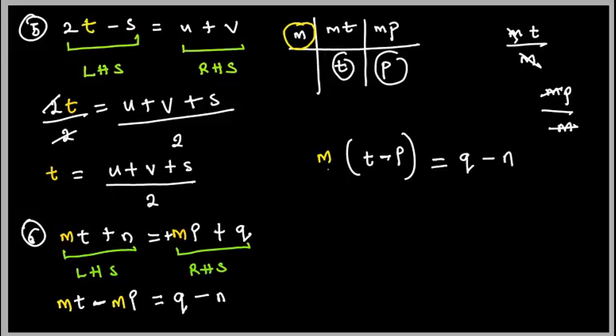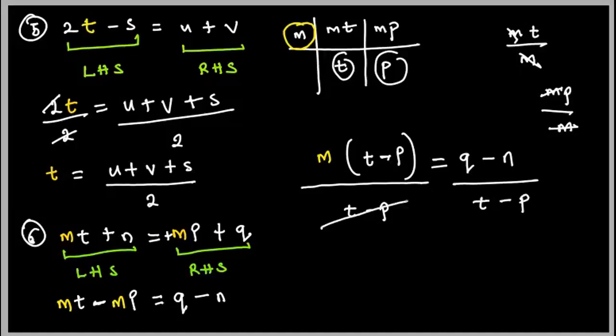Now, what can we do to get m? I want m to be alone. How can we get m? To get m, I must take away this bracket term here. It needs to go away. So how can it go away? It's by dividing both sides by that bracket term, that is t minus p. Dividing both sides by t minus p.